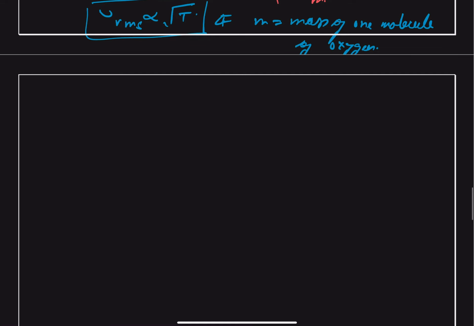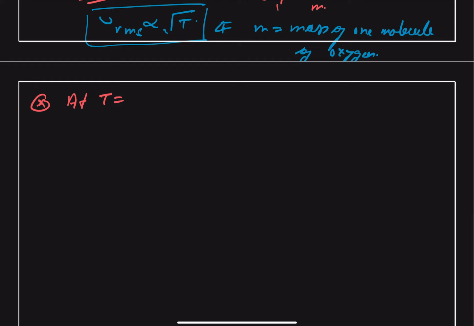So at temperature equal to 300 Kelvin, our Vrms at 300 Kelvin is directly proportional to the square root of the temperature of 300 Kelvin.